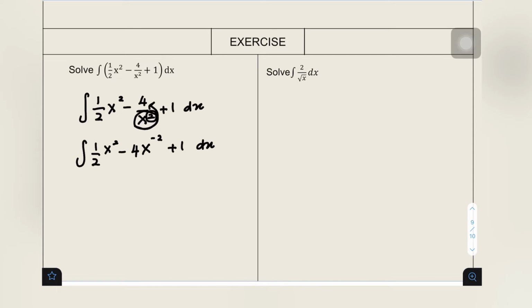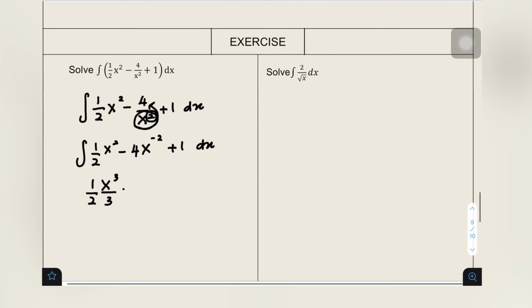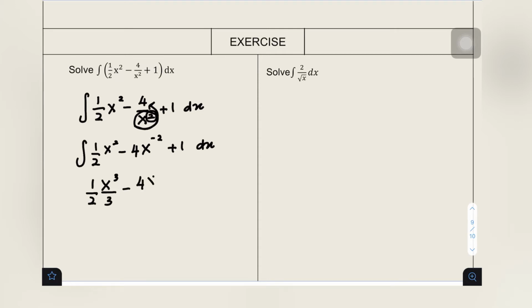Only now we can do the process of integration as usual, with the technique of integration. The first one, you need to add 1 to the power. So you have your constant 1 over 2 here. x becomes x cubed, divide by the new power, 3. Okay, minus 4x, negative 2 plus 1 becomes negative 1, and then you divide by the new power, negative 1.